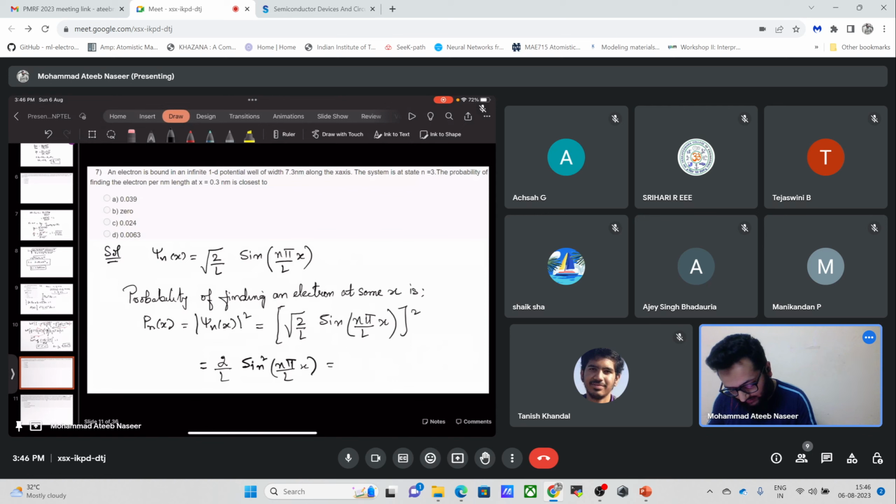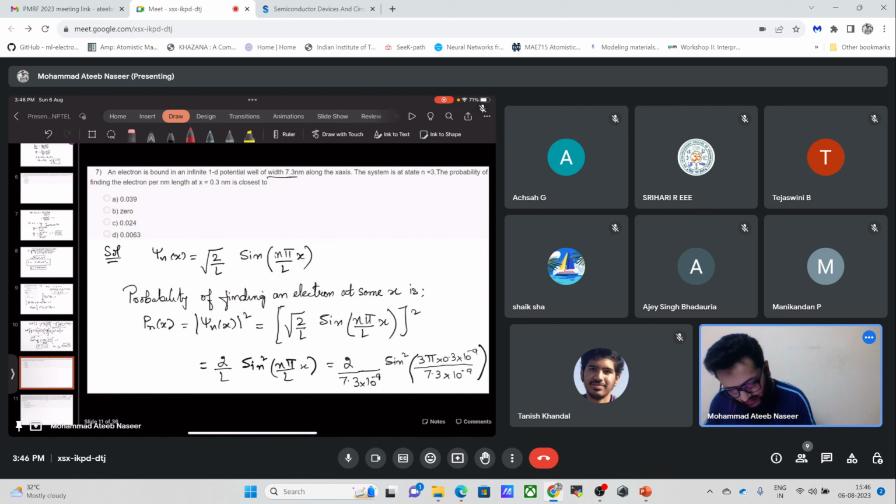So this is just the matter of putting the values. L, the potential width, is equal to 7.3 nanometer, 7.3 into 10 raised to power minus 9, sine squared of n equal to 3, n pi, and x equal to 0.3 into 10 to the power of minus 9 divided by L, where L is 7.3 into 10 to the power of minus 9.